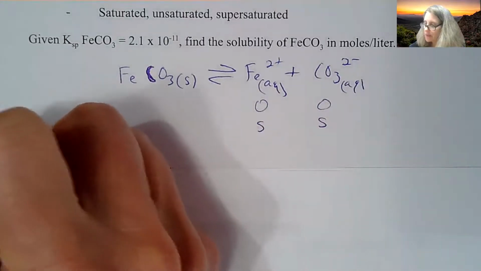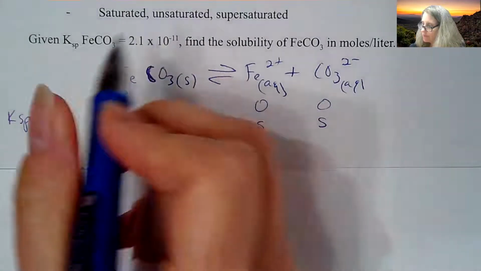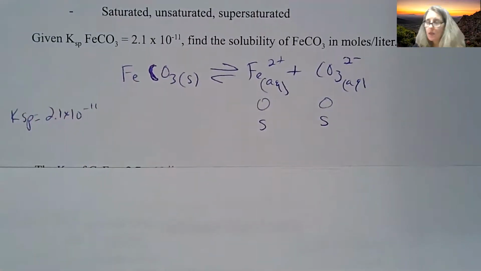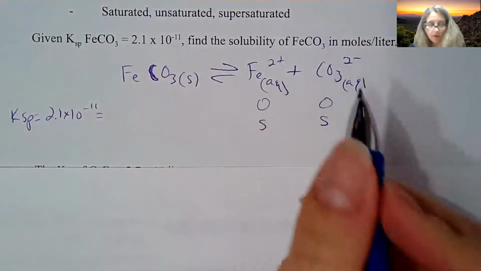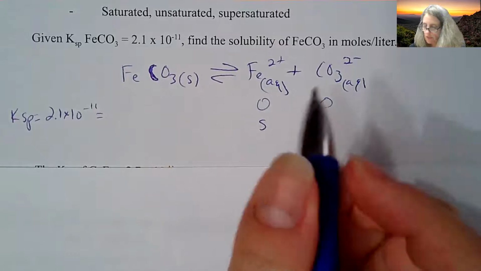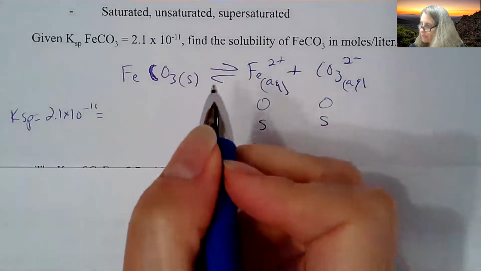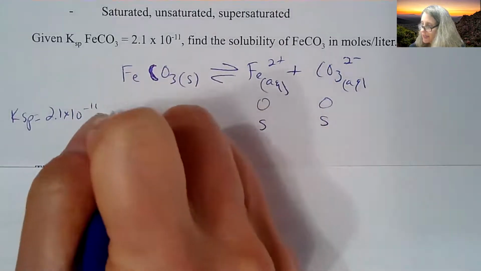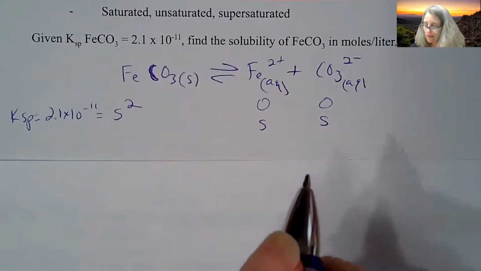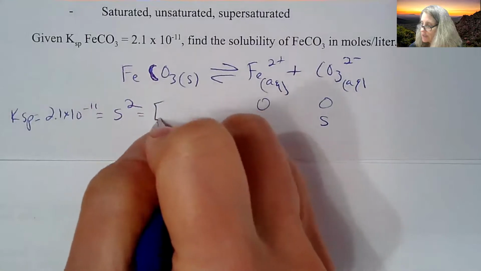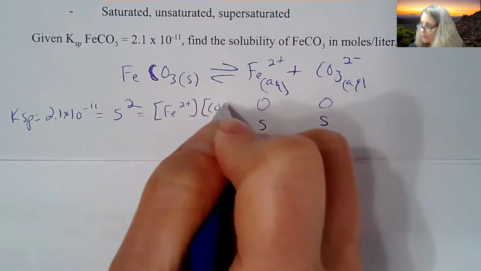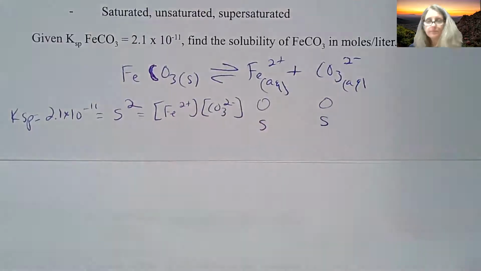But your KSP is equal to, it was given as 2.1 times 10 to the negative 11. Okay, so it's your 2 ions multiplied together. So I have S times S, so it's going to be S squared is how I find my concentrations. So this is the iron ion multiplied by the carbonate ion.